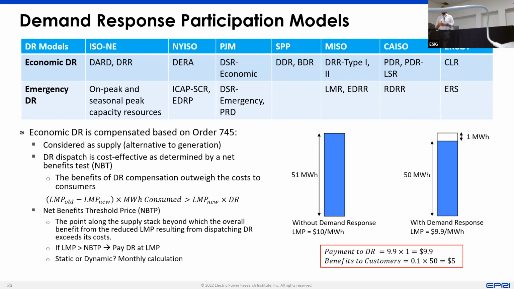But they also get paid the LMP for their region when they're curtailed, but that's only if they pass this net benefits test. And the net benefits test is basically saying that by calling on the demand response, you're saving substantially more money than you would have otherwise, even with this additional payment. And there's just an example here on how that might work.